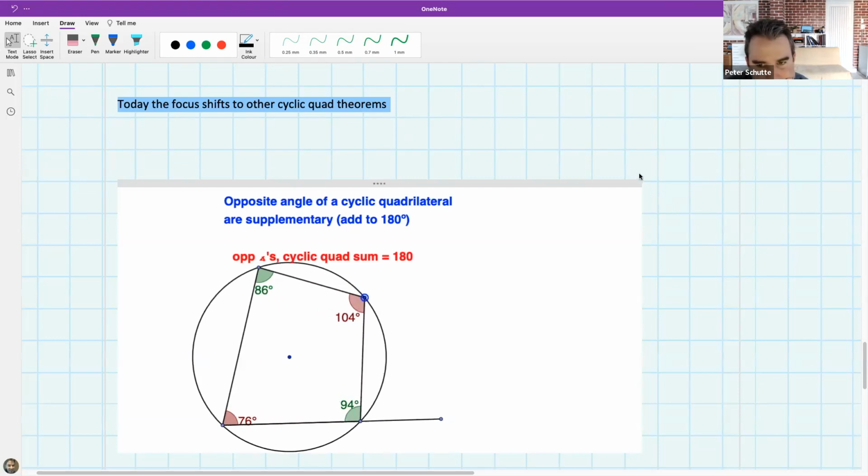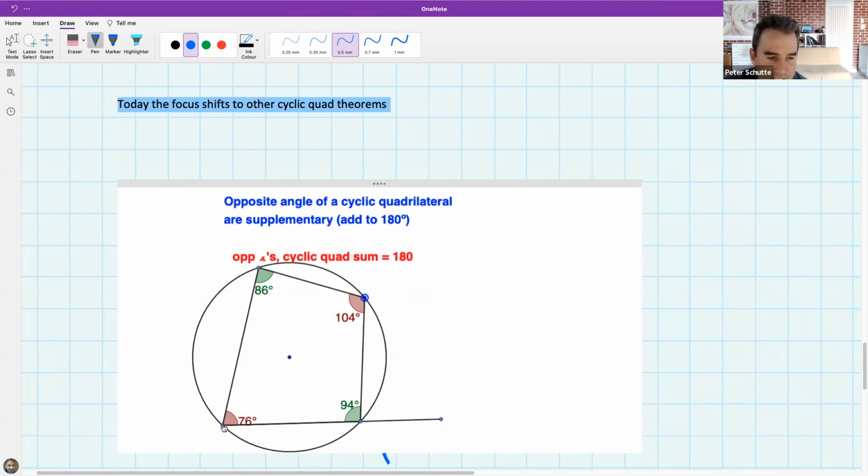So when I added the green angles, 86 plus 94, it gives me 180. And the theorem says opposite angles of a cyclic quad add up to 180. Same with the red angles, it's also equal to 180. Perfect. Okay, so you see 94 and 86 form a pair and they add up to 180.